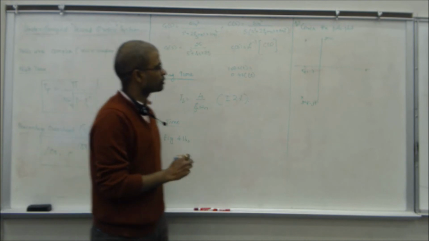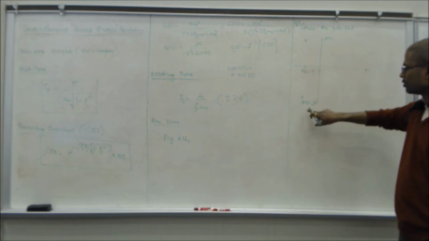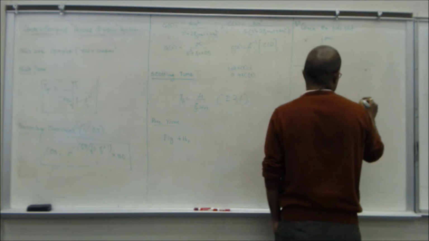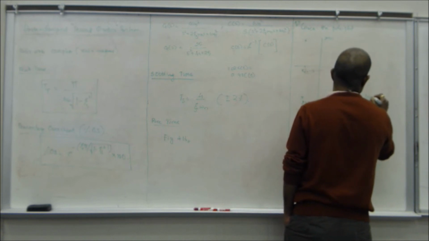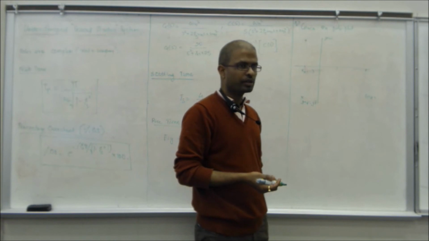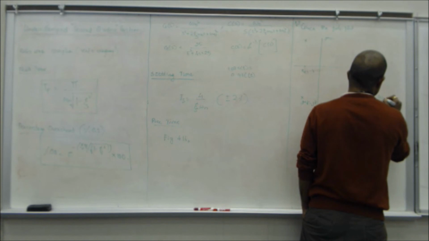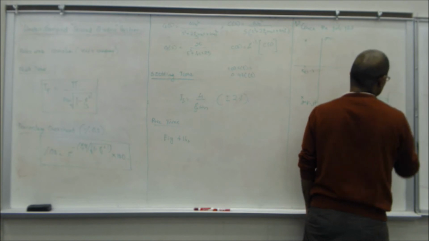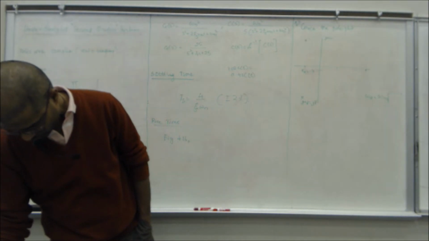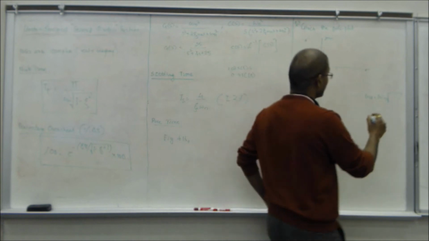So how is zeta or sigma d or omega d expressed? Omega d is the damped frequency. Omega n is the natural frequency. Omega d is simply omega n into root of one minus zeta square.